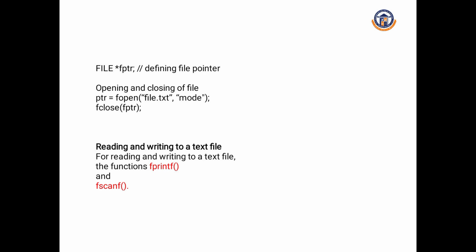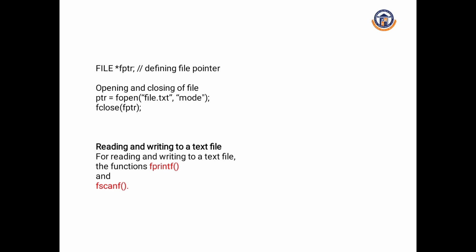You can have star FP or star FPTR, but the compulsory part is star F. After that, the variable names for the pointer variable may differ, like A, B, C, X, Y, Z that we use in main programs. Int x is equal to 0, int y is equal to 1, like that.